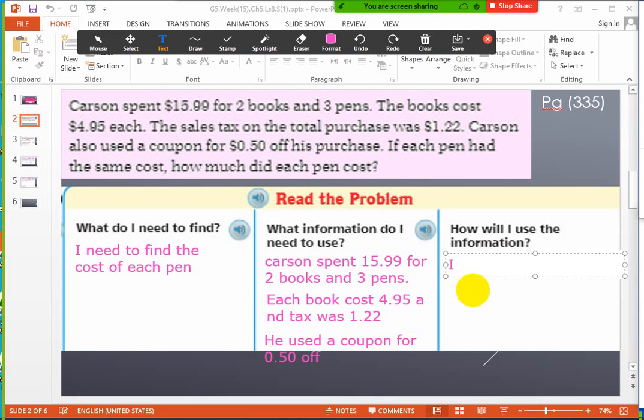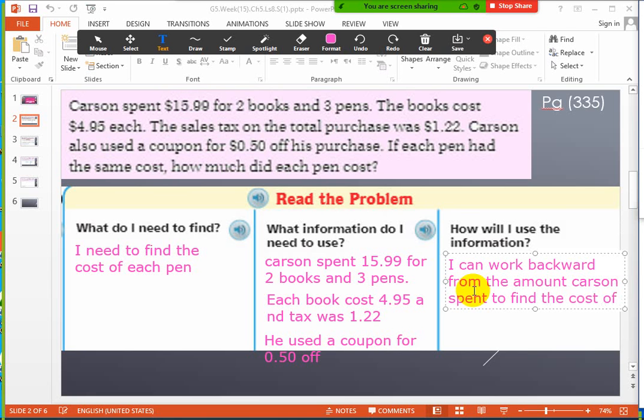So here I can work backward from the amount that Carson spent to find the cost of each pen.